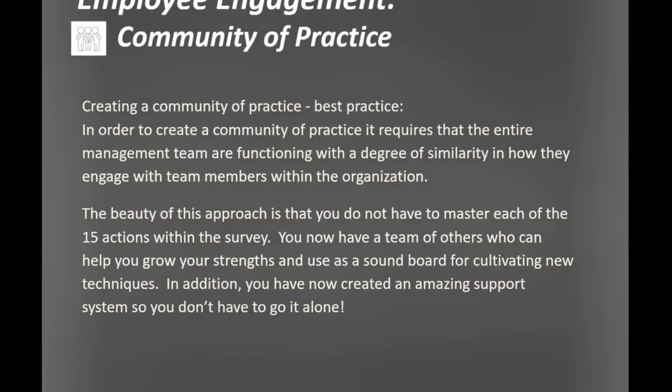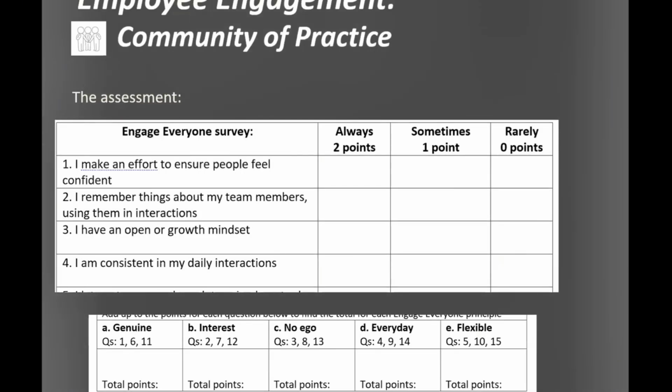Or maybe we can just swap out those two particular areas. If I know that Jane is very good at a particular engagement activity, maybe I can have her come in and play that role within my team, and maybe there's a different role that I can play within her team.